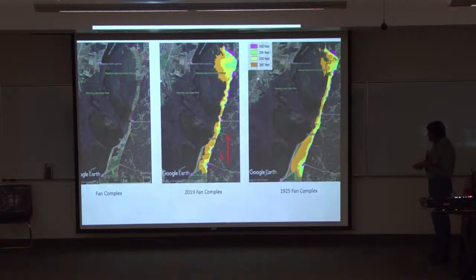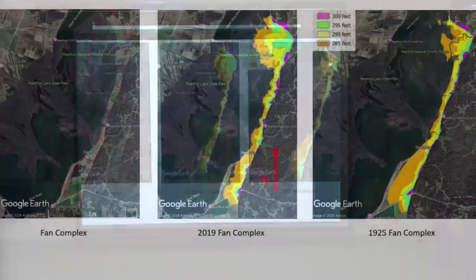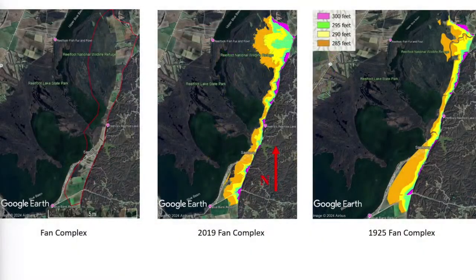In this section, they've moved sediment around in developing the area. But everywhere else, the fans have grown. If you look at what is happening from 1925 to 2019, approximately a century of data, that shows you that the fans have generally gotten larger.